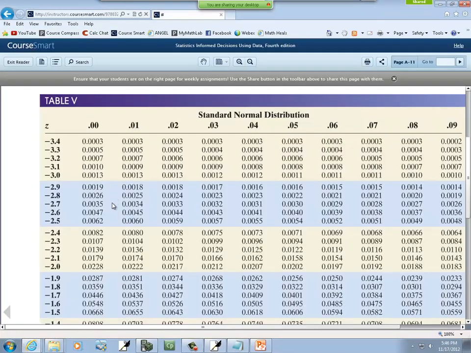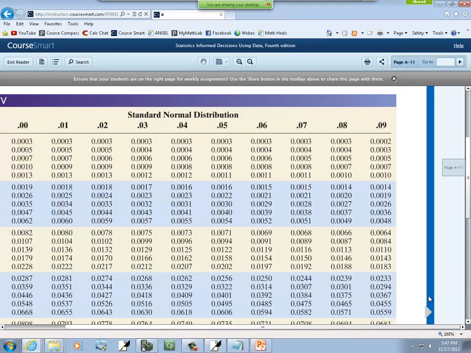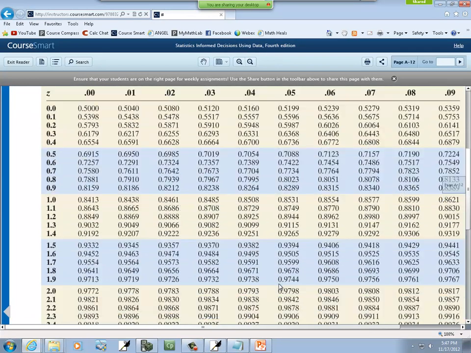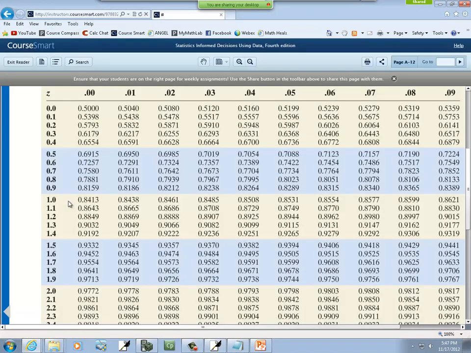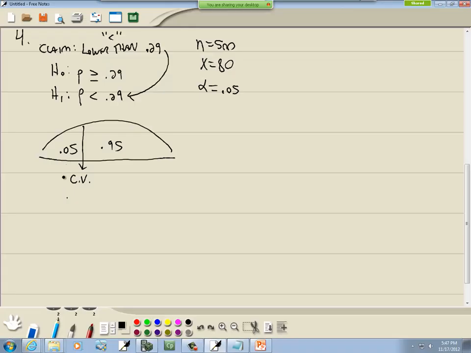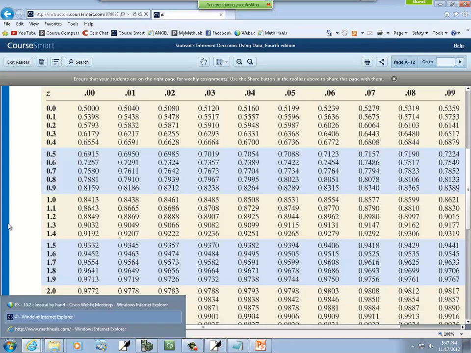Now let's look up the critical value here. So we're looking at 0.95 in the middle. Here's 0.9505, here's 0.9495. It's halfway in between these. So I come over here, it's 1.6. Wait a minute, what am I doing? I'm looking at 0.05, the area to the left.